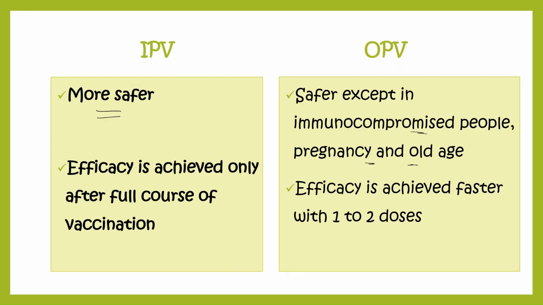Whereas in oral polio vaccine, live attenuated strains are given orally, which reach the gut and keep on multiplying in the gut. So effectiveness should be achieved within 1 to 2 doses itself. Whereas killed polio vaccine requires a complete course of vaccination to achieve effectiveness.